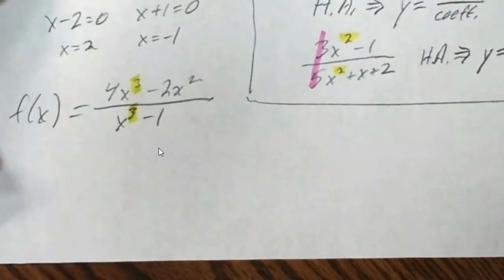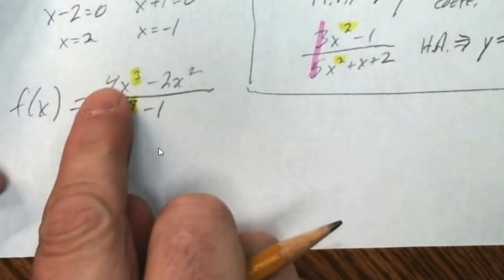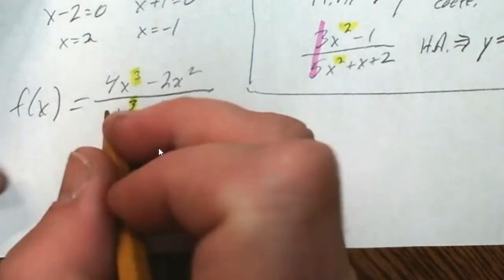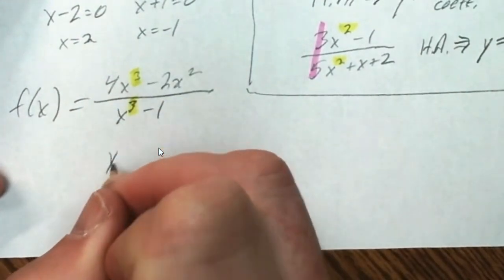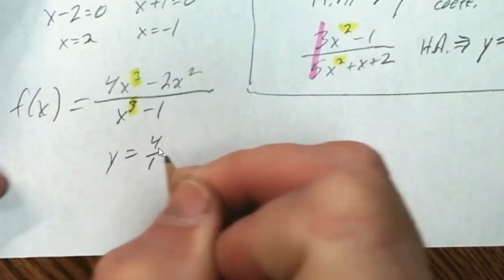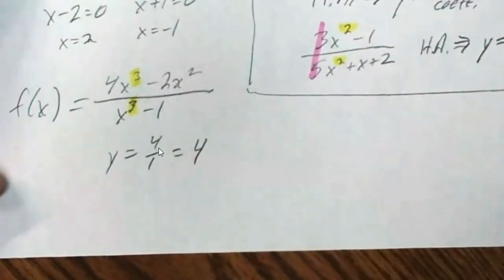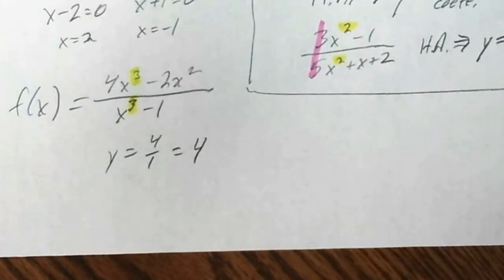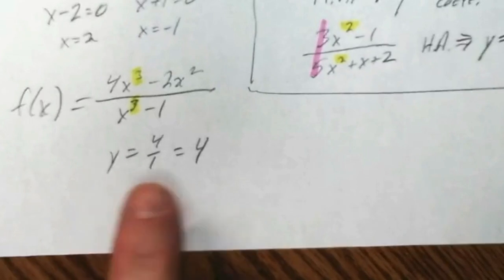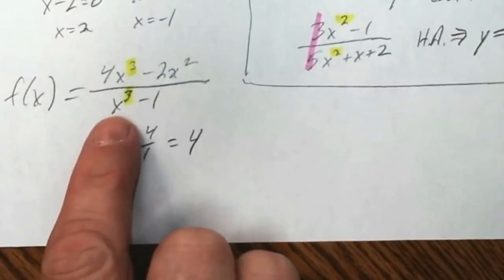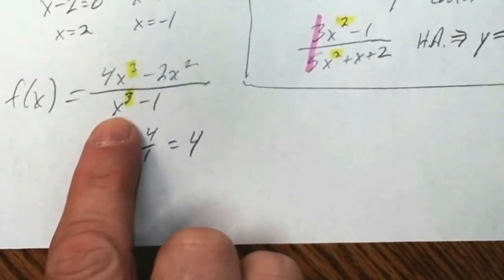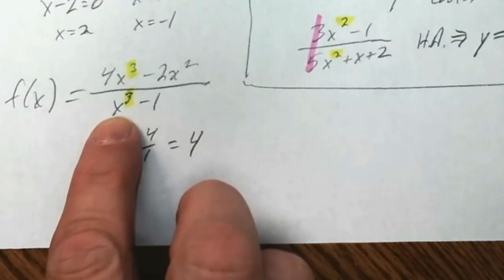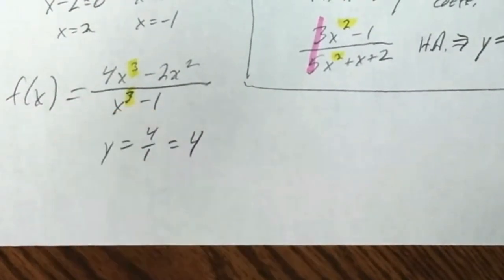So we have to take the coefficients. What are the coefficients? This is 4. What's the coefficient here? That's 1. So it's y equals 4, because 4 over 1 is just 4, right? So we expect this to have a horizontal asymptote up at 4. And when x equals 1, 1 to the third is 1. There'll be a vertical asymptote at x equals 1. So let's look at that.